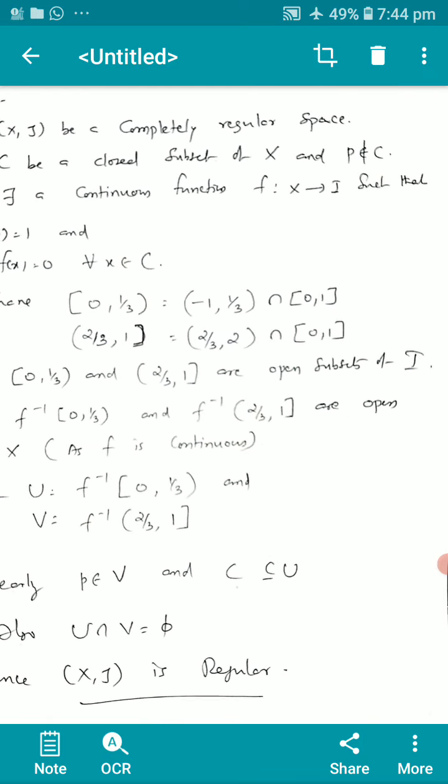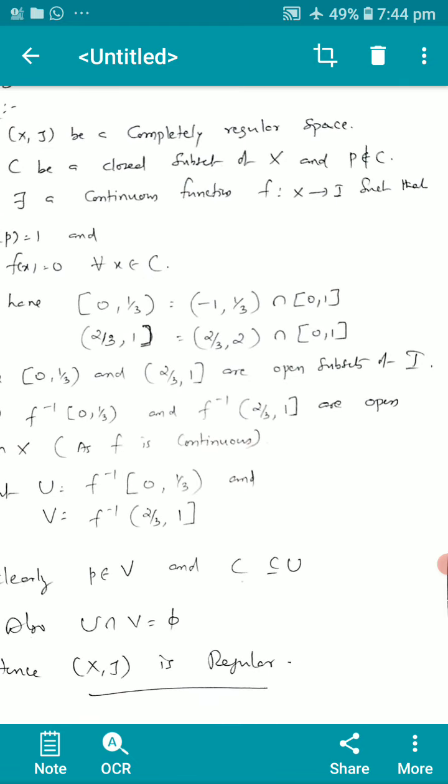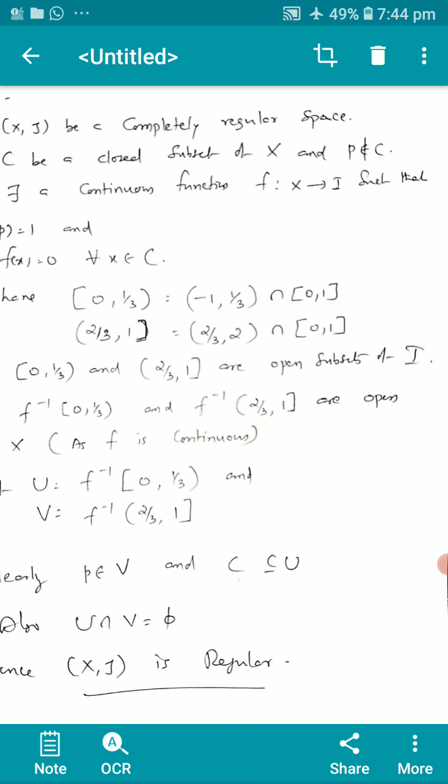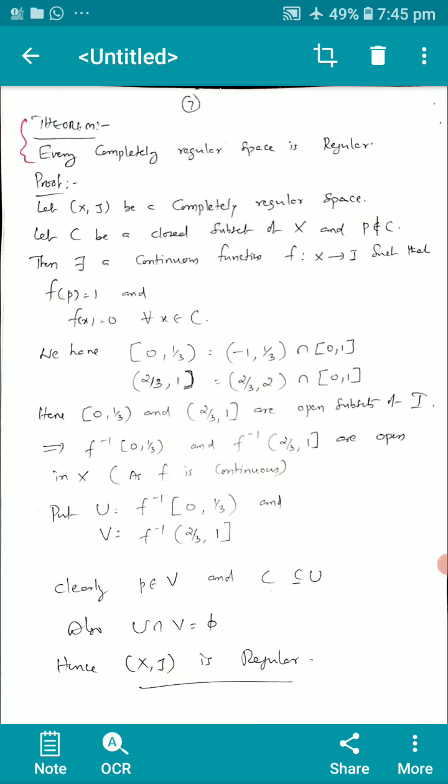We have the semi-open interval [0, 1/3) equal to the open interval (-1, 1/3) intersection the closed interval [0, 1]. Similarly, the semi-open interval (2/3, 1] is the intersection of (2/3, 2) and the closed interval [0, 1], that is the open interval (2/3, 2) intersection [0, 1].